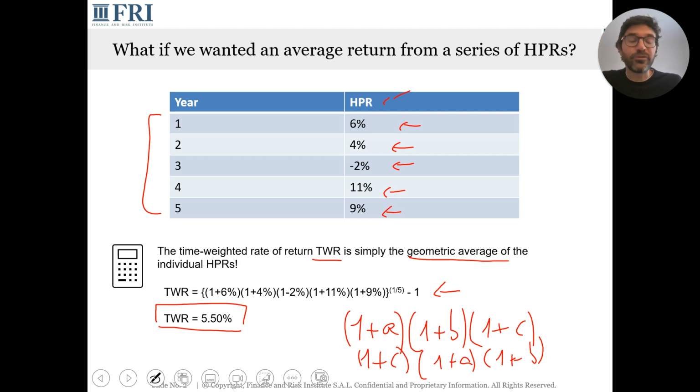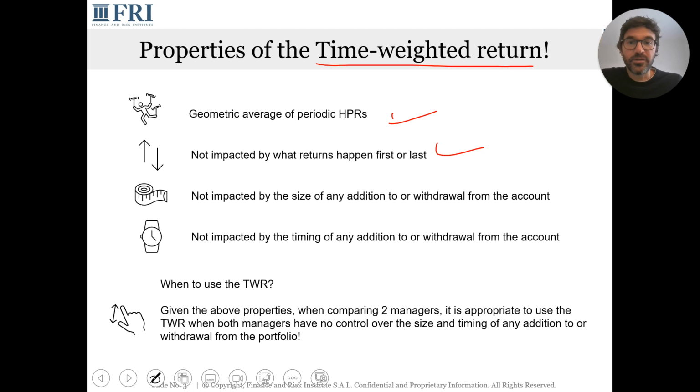The amount of money that is in the portfolio is irrelevant when calculating time-weighted rates of return. And this is something that is fundamental. The time-weighted rate of return does not take into account whether the investor adds some money to the portfolio or withdraws some money from the portfolio.